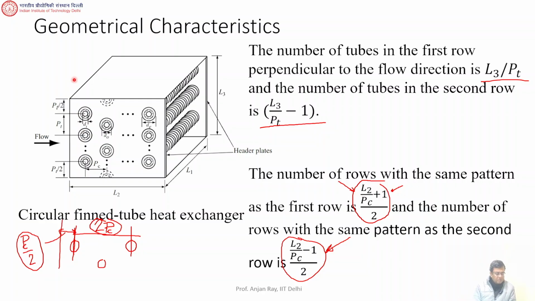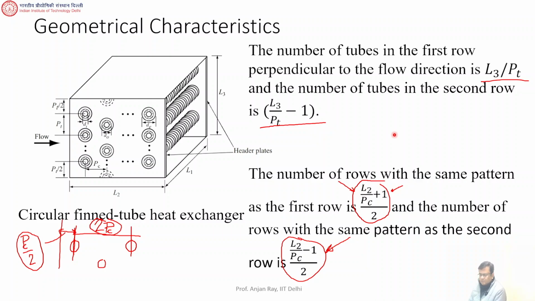Right, so this is the number of tubes in the first row. What about the number of tubes in the second row? L3 by PT minus 1 is okay. Second row is staggered, okay, because we are essentially thinking of a triangular arrangement.